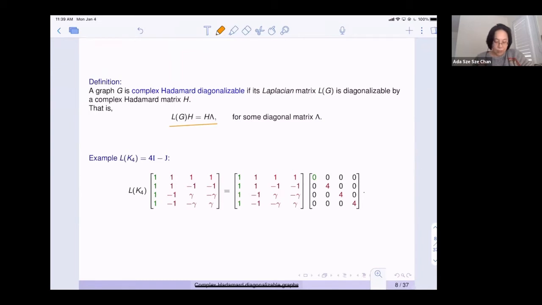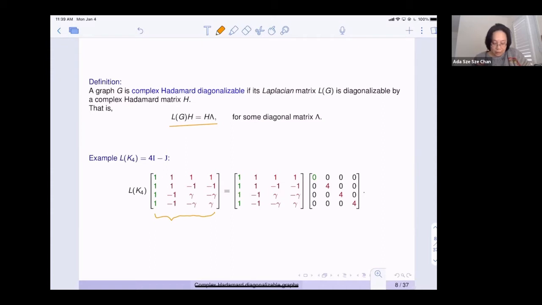A simple example: if you look at the Laplacian matrix of the complete graph K4, it is just 4 times I minus J, the matrix of all ones. If I multiply the Laplacian matrix of this graph by basically any 4x4 complex Hadamard matrix of this form, then it's easy to see that the green column, the vector of all ones, is an eigenvector with eigenvalue 0.